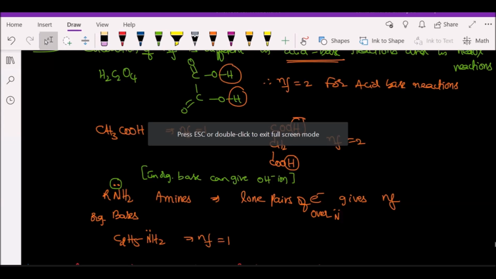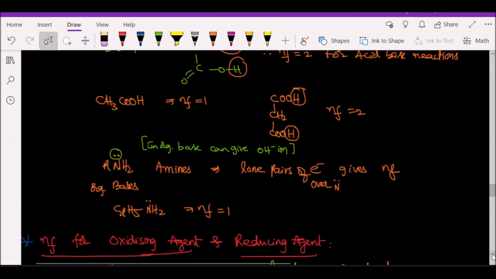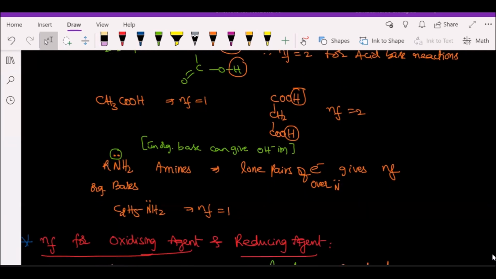Into the next part, that is the important one of our story. N factor for oxidizing agent and reducing agent. If it is an acid, it is the number of H plus replaced.